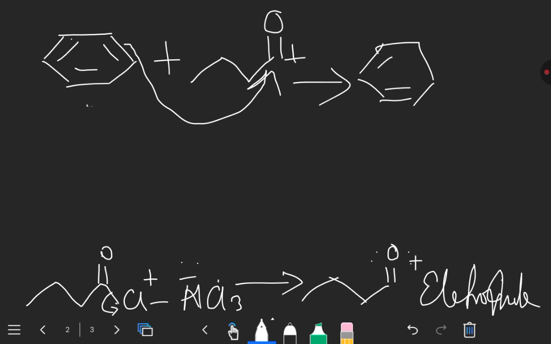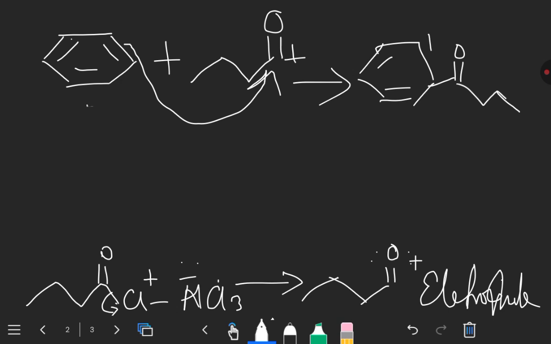The double bond there has attacked the electrophile, then this structure will be attached like that. I think I need to erase one side. Okay, so it should be like that.